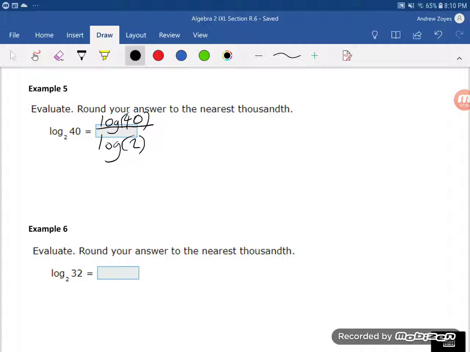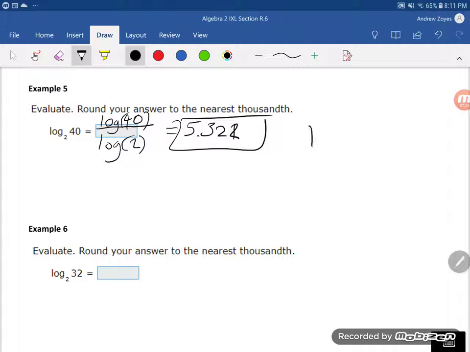All right, so the decimal that we get out of there is 5.3219. We need to round to the nearest thousandth, so this 9 is going to bump the 1 up to 2. Okay, and so that's the final answer we get out.